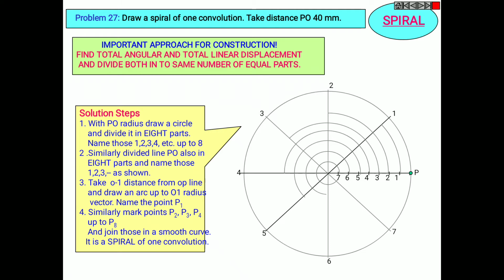Now mark all the points at the intersections. Then name them as P1, P2, P3 and so on up to P8.